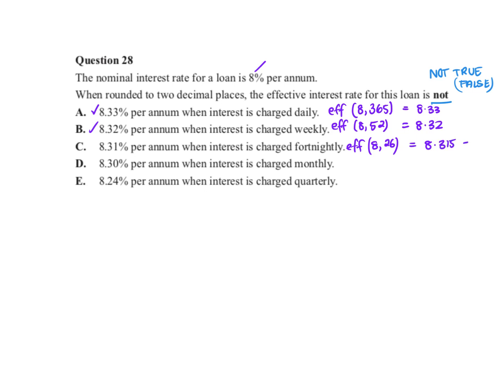So when you round, that actually goes to 8.32. So that is not true, because it said up there when you round to 2 decimal places, it even told you. So this is my answer.